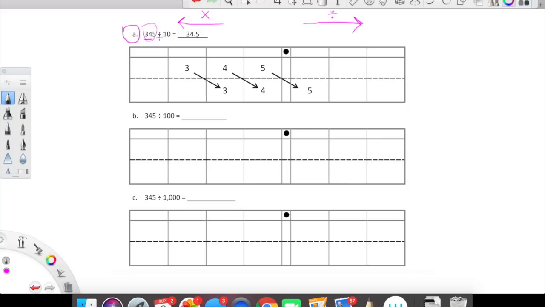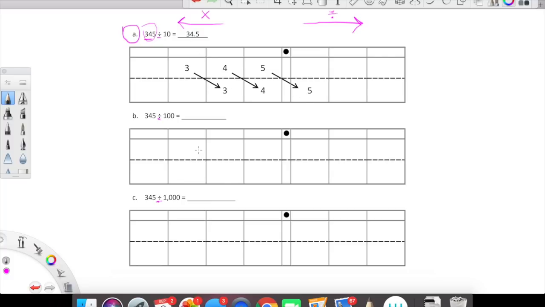I just need you guys to be very critical of the operations. That's so important. So here in these problems, we're dividing. Our previous problems, we were multiplying. So now when we're dividing, you can see these digits are shifting to the right because our numbers are going to be smaller. We're dividing them into smaller pieces.